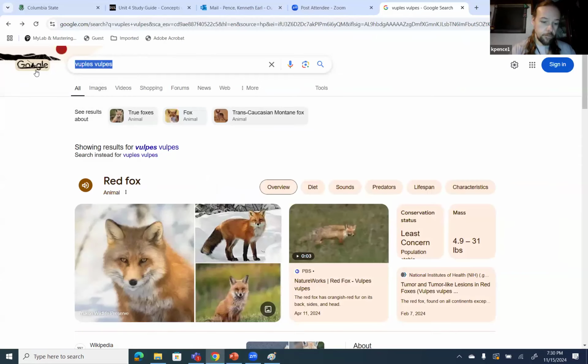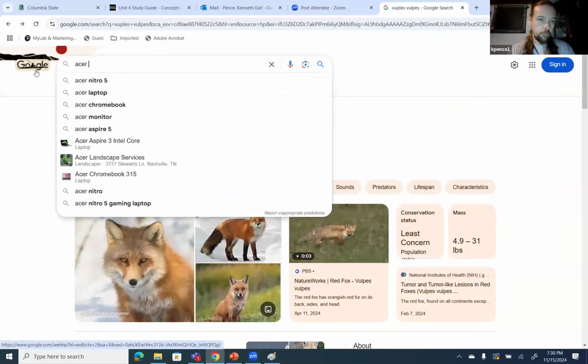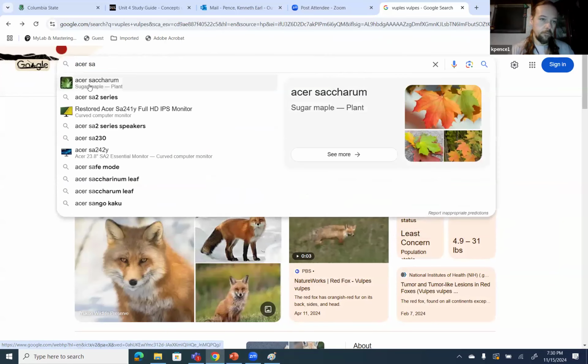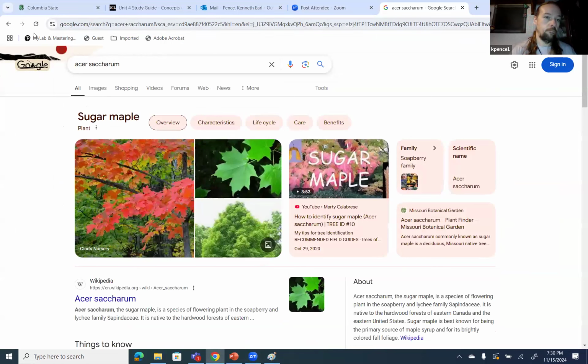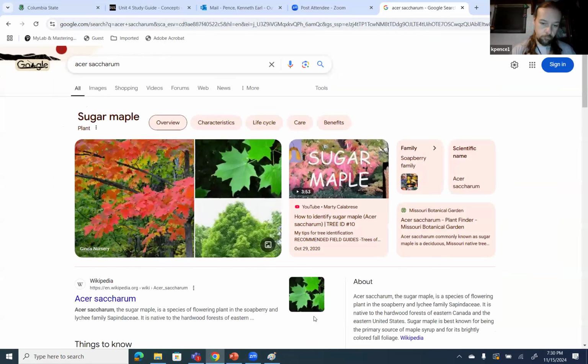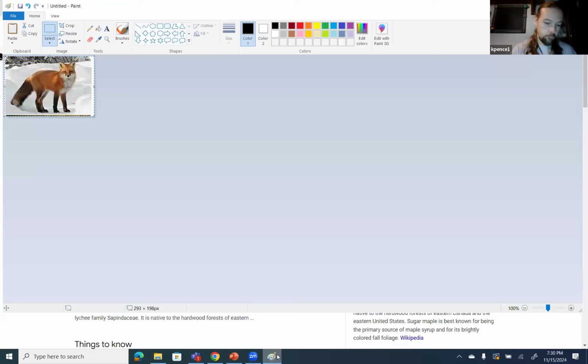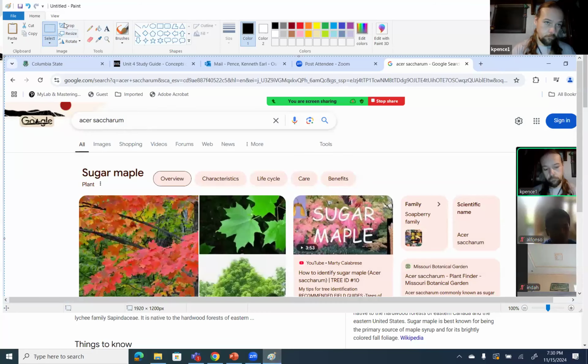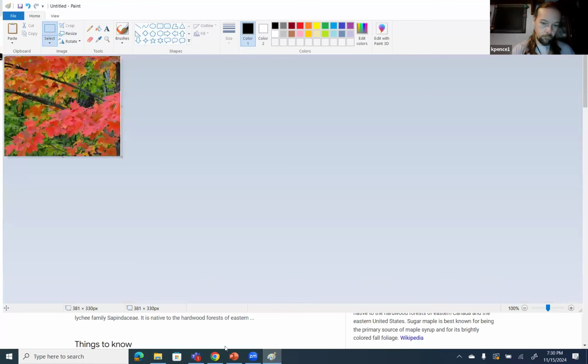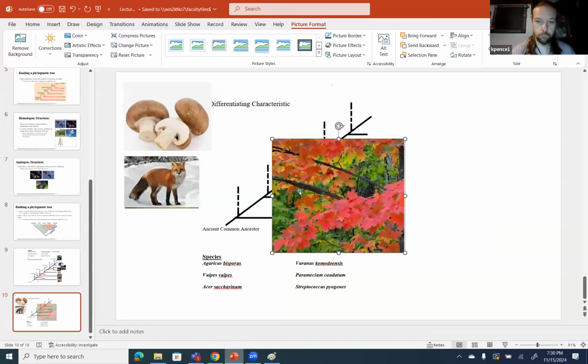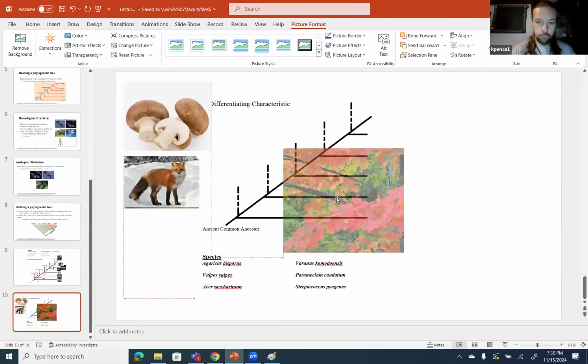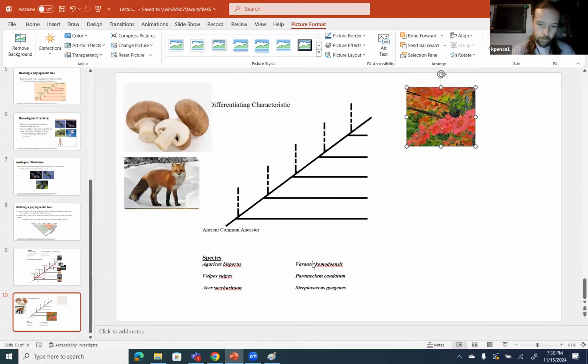That is a sugar maple. Let's see. Varanus komodoensis.